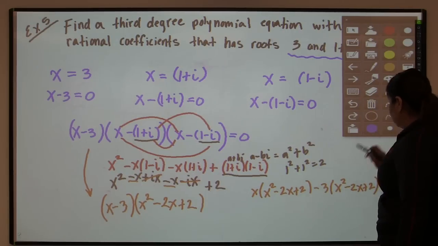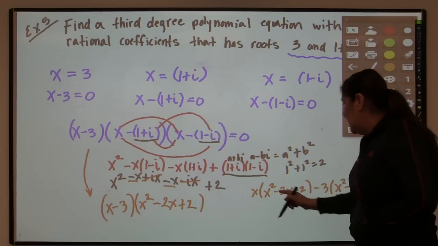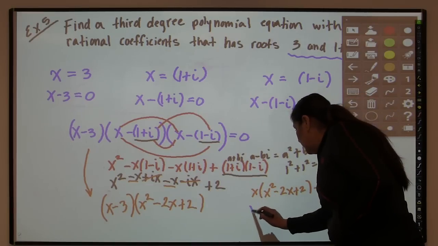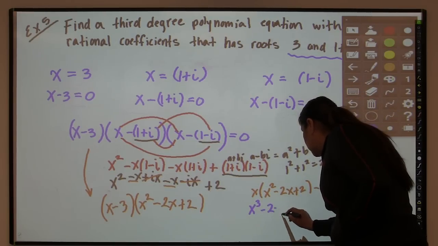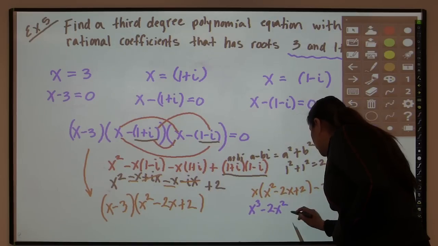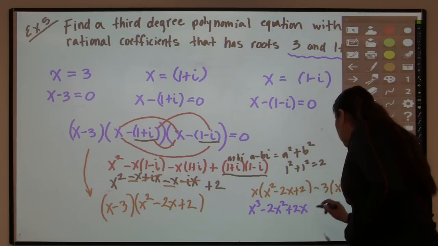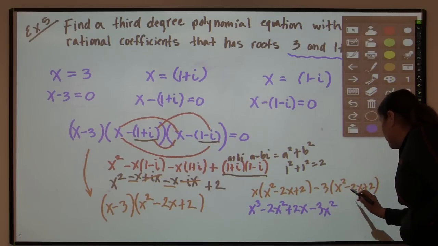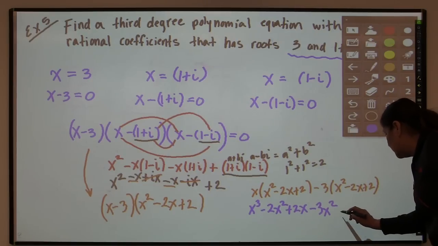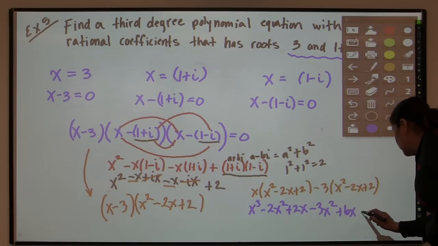And we're going to lastly simplify this, and we should be done. x times x squared is x cubed. x times negative 2x, negative 2x squared. x times 2, positive 2x. Negative 3 times x squared is negative 3x squared. Negative 3 times negative 2x is positive 6x. Negative 3 times positive 2 is negative 6.